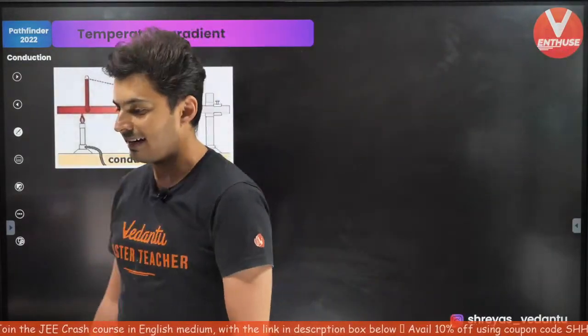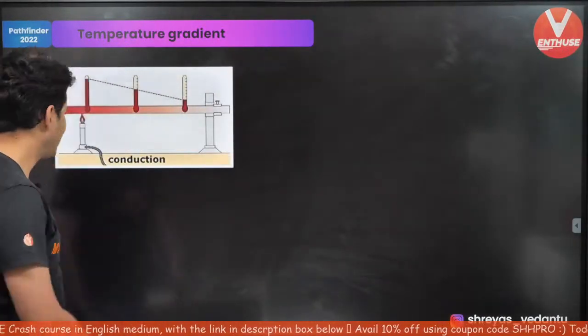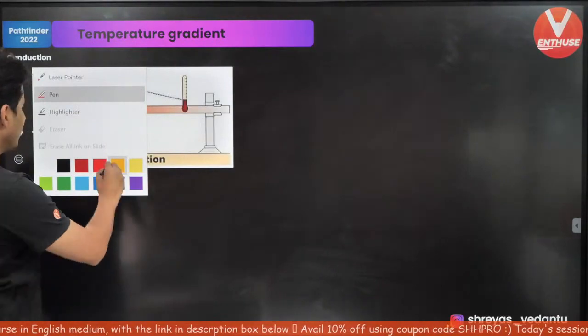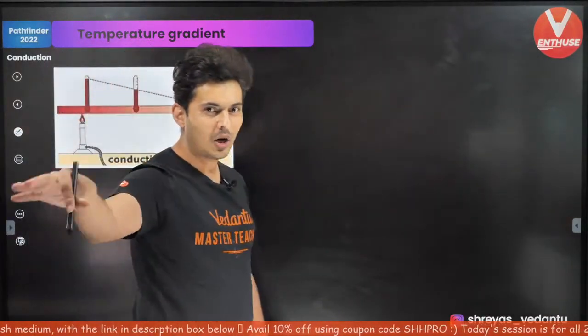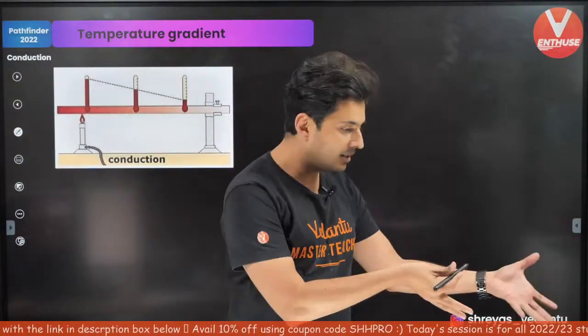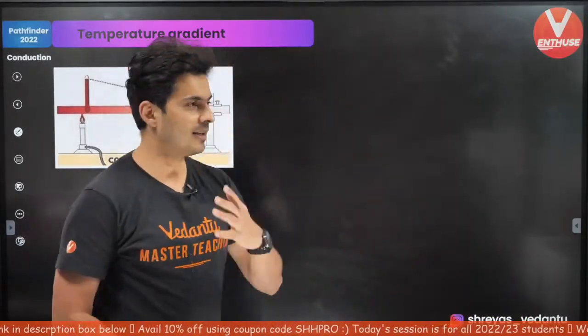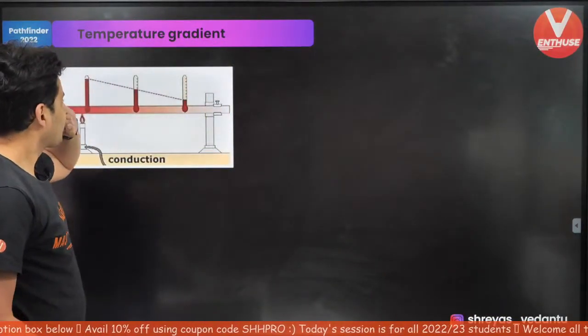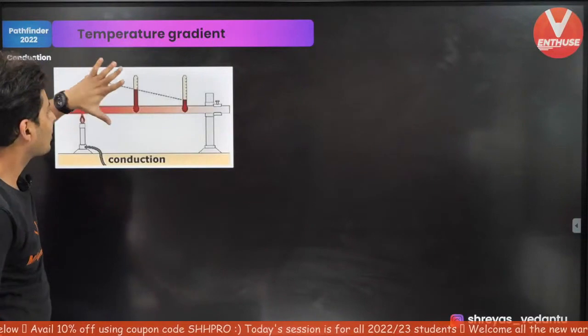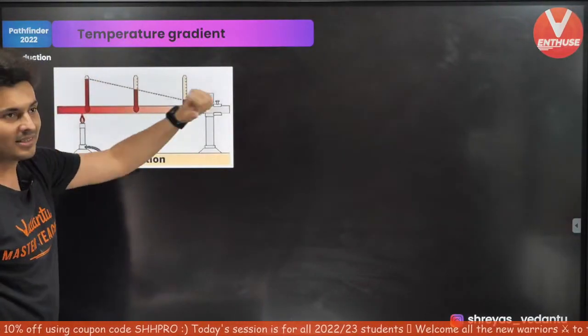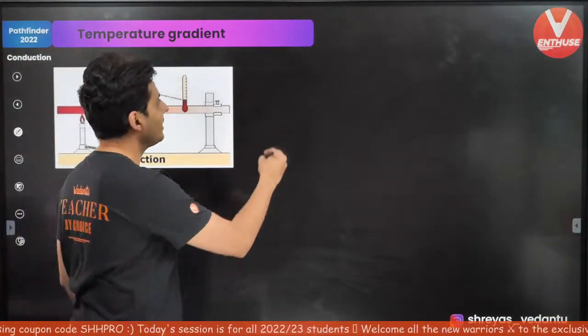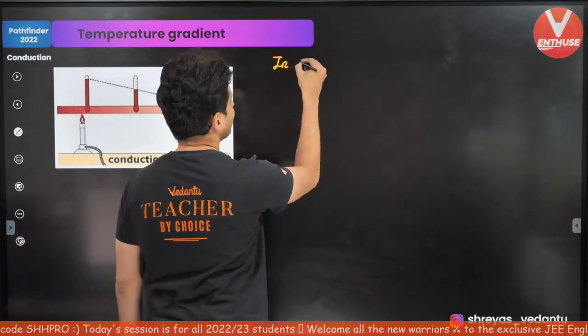What is temperature gradient? See, we just saw heat flows from the hot side to the cold side. The excited one makes the boring person excited, right? That's what we just saw. Now, this rod will have different temperatures at different points.